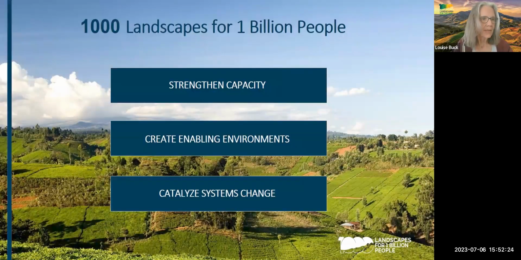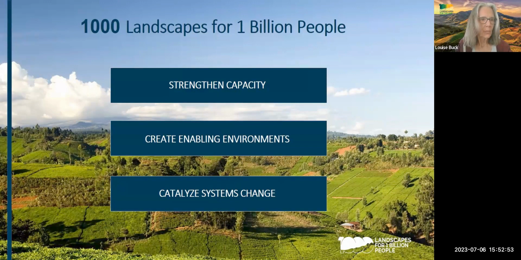So 1,000 Landscapes for 1 Billion People is what we call a radical collaboration of 6 core partners, which includes EcoAgriculture Partners, Rainforest Alliance, Commonland, Conservation International, Tech Matters, and UNDP. And we share a vision to scale the practice of integrated landscape management through strengthening capacity, helping create enabling environments, and catalyzing systems change.